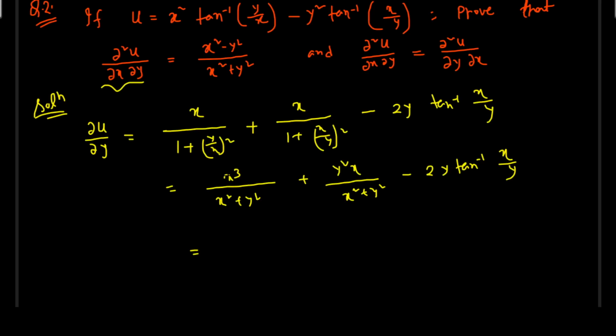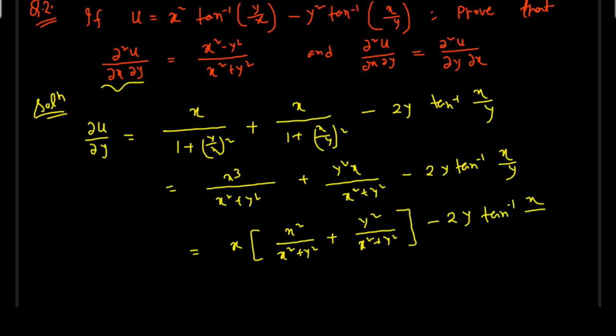So if we take common x here, from these two terms you can take common x. Then here will be x square divided by x square plus y square plus y square divided by x square plus y square, minus 2y tan inverse x by y.